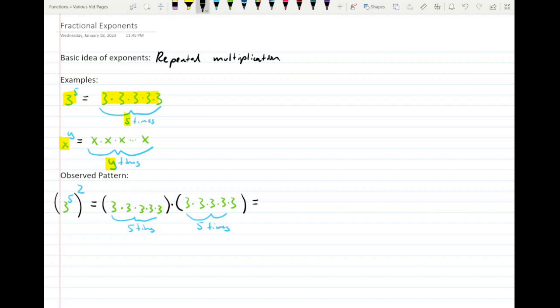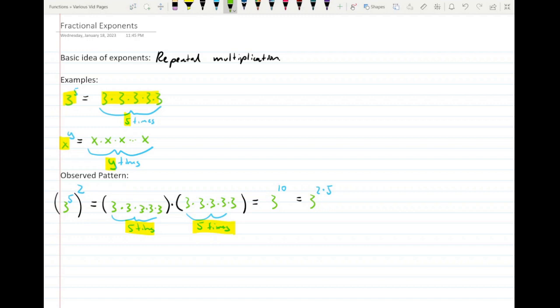Now notice that this is equal to 3 times itself 10 times, right? We're multiplying 5 times here, and then 5 more times here. And so that's equal to 3 to the power of 10, which, coincidentally, is 2 times 5.